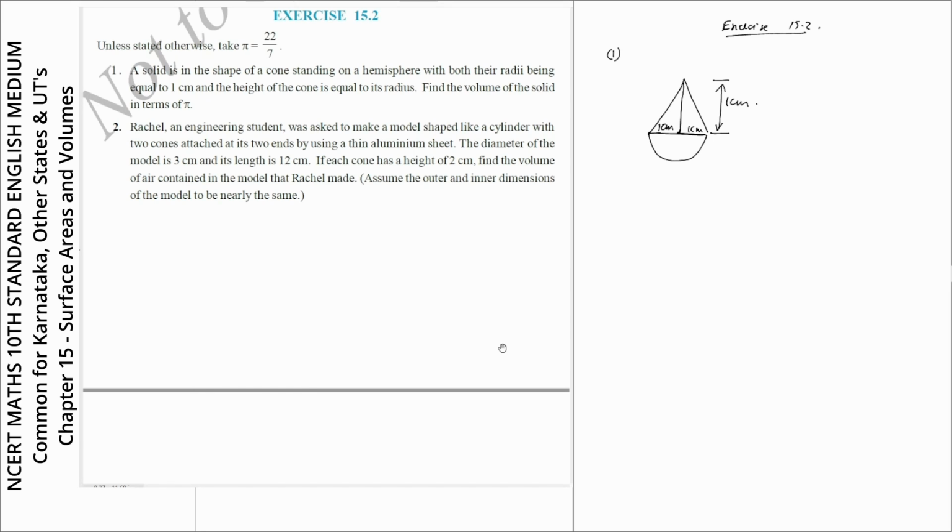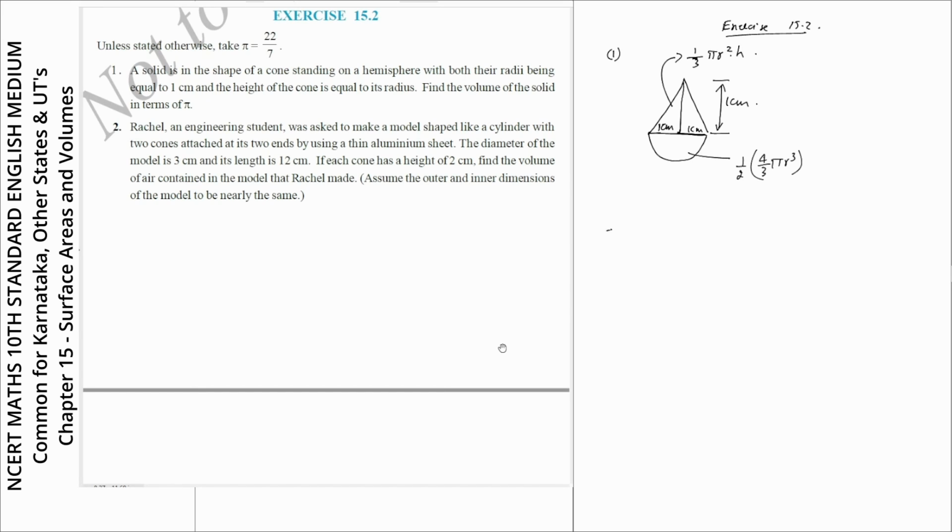Now, what is the volume of the hemisphere? The volume of a sphere is given by 4 by 3 pi r cube, and half of that gives the volume of the hemisphere. What is the volume of the cone? The volume of a cone is one third of pi r square into h, where h is the height of the cone.